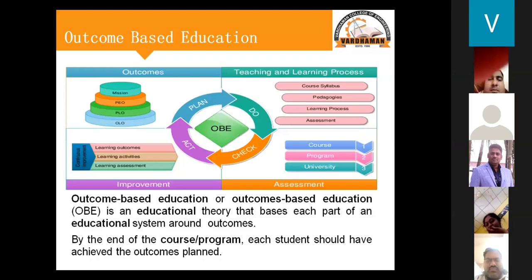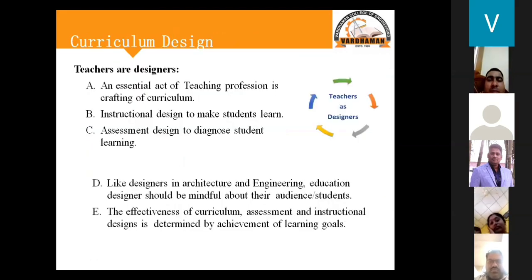Moving on, as mentioned, I speak much about course design here, and in turn I'm speaking about curriculum design. When I speak about curriculum design, I always look at teachers as designers. So when we speak about teachers as designers, we come across what exactly designing is.